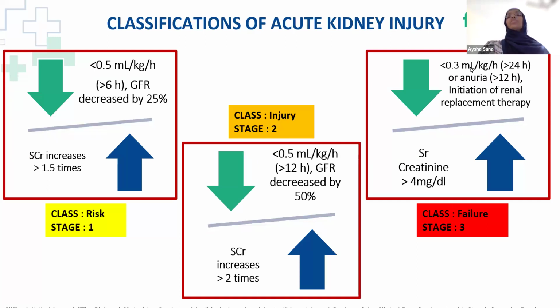That is, the urine output is less than 0.3 ml per kg per hour for more than 24 hours, or those patients who are anuric, or the patients who are initiated on renal replacement therapy like hemodialysis, and the serum creatinine is more than 4 mg per deciliter. So these are the different classifications of acute kidney injury based on output and creatinine value.